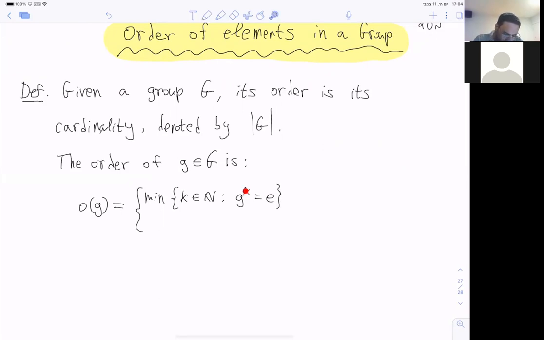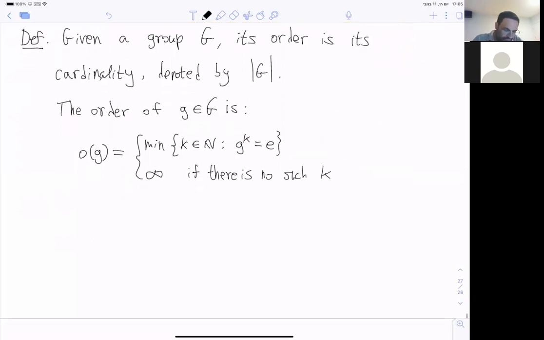So it's the minimal power under which you get back to the identity. And we write it infinity if there is no such k. And this is very important. We are going to use it many times. So let us see examples.